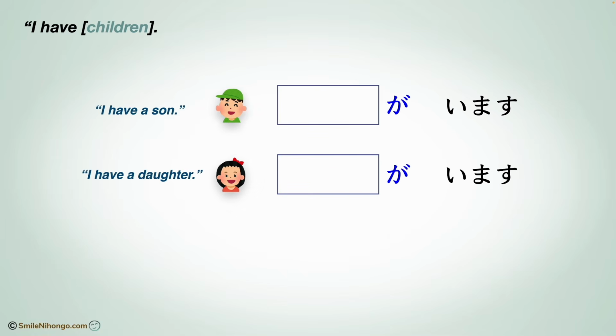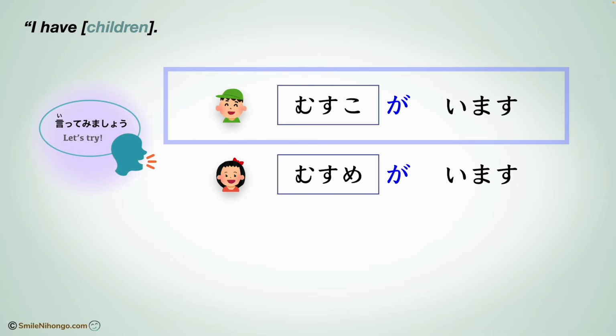You can use the same structure to talk about your children. If you have a son, you can say 息子がいます。If you have a daughter, you can say 娘がいます。言ってみましょう。Let's try.